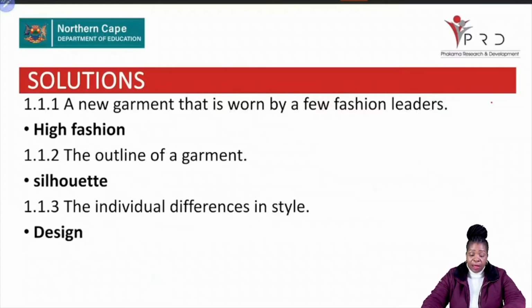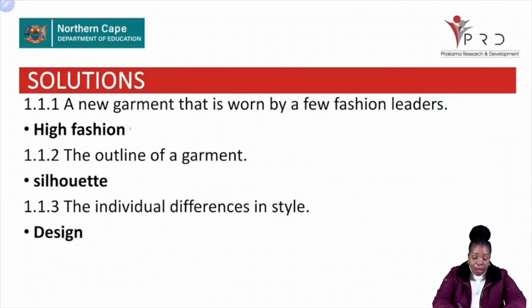Welcome back, learners. So for 1.1.1, a new garment that is worn by a few fashion leaders, we call it high fashion. So it means people are not yet accessing it. It's still only worn by the fashion leaders.